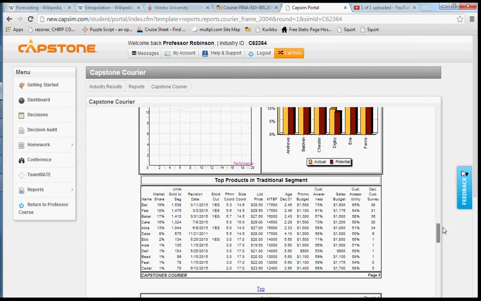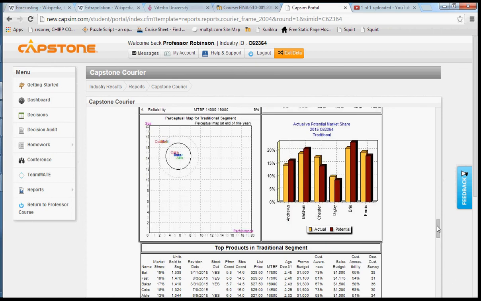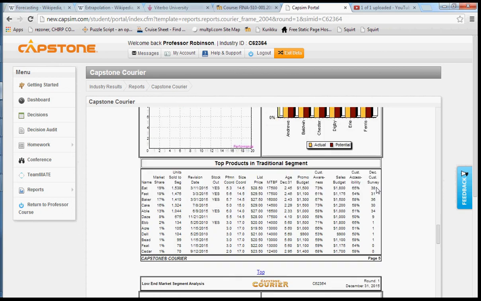That information is mirrored down here, where we can see which products stocked out and which didn't, and some of the attributes of those products. So Team Erie's product Eat was the most demanded product, and as you can see, it had the highest December customer survey score and had better accessibility and awareness than the other products.